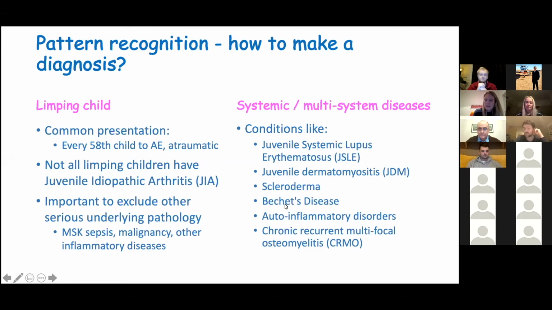Behçet's disease, where you get joint involvement, but you also get genital ulcers and inflammation of the eyes. There are autoinflammatory disorders, so involving the innate immune system, so the immune system that usually fights particularly viruses going wrong. A condition called chronic recurrent multifocal osteomyelitis, so inflammation of bones potentially in multiple areas that's not due to infection. So broadly, they come in these two different areas.